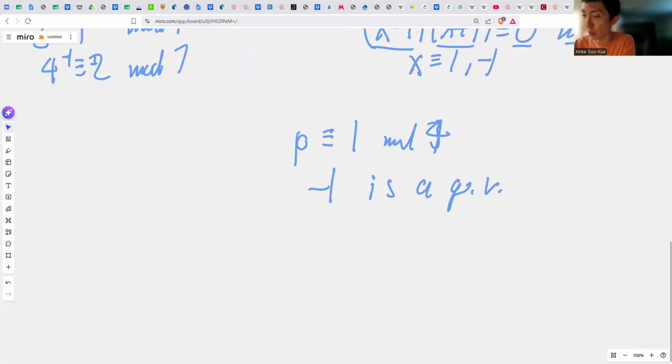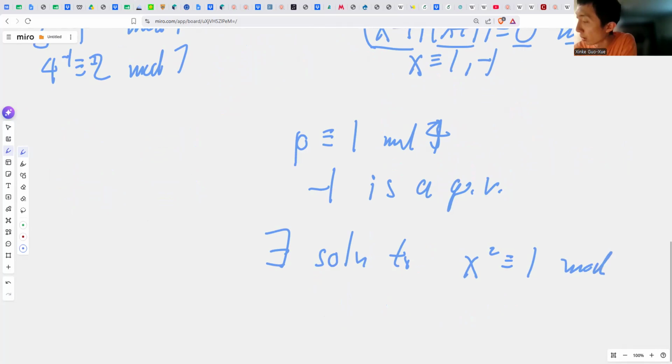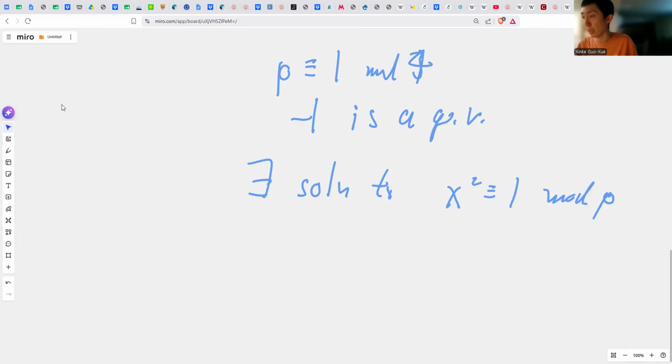So there exists a solution to x squared congruent to -1 mod p. But what is that solution? Well, Wilson's theorem lets us find an actual solution in addition to this fact.